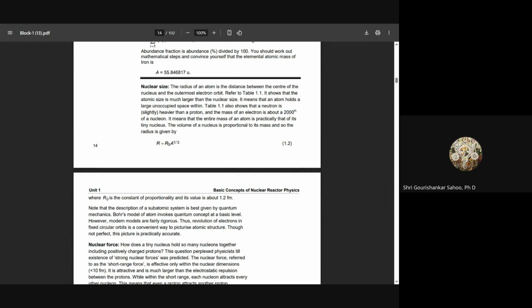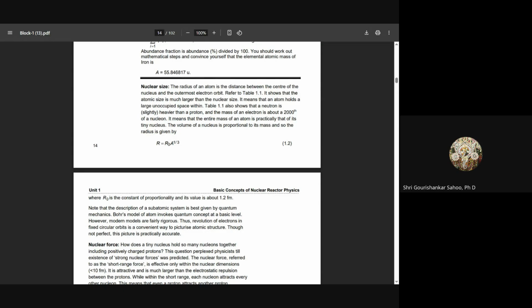So the entire mass of the atom is concentrated in the nucleus. The massive particles, proton and neutron, are in the nucleus, and the lighter particle, the electron, is in the extranuclear region. So the mass is concentrated at the nucleus, and the volume of the nucleus is proportional to its mass, and its radius is given by the formula R is equal to R0 A to the power 1 by 3, a semi-empirical formula.